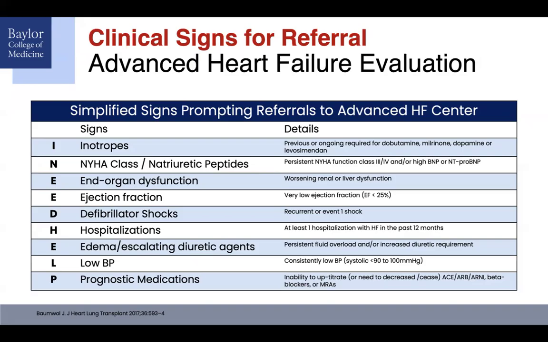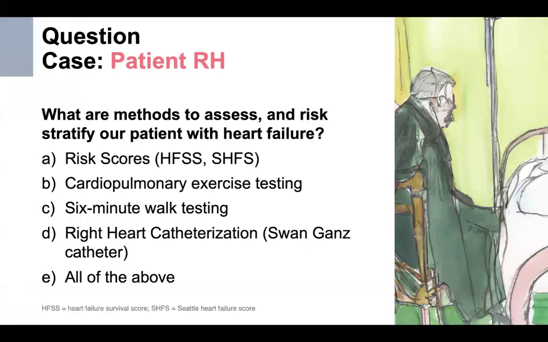You can also look at New York Heart Association class, end-stage organ dysfunction, ejection fraction going lower, defibrillator shocks, hospitalizations, edema or escalating diuretic agents, low blood pressure, or you're not able to use those medications anymore that you previously used, these GDMT prognostic medications. So this is a mnemonic that has been used to identify these patients.